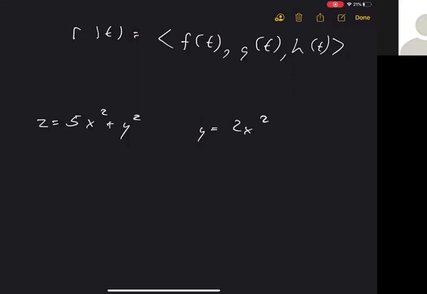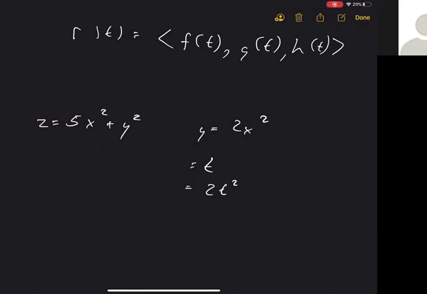So let's say x equals t. Why did I pick x? Because if x equals t, I plug t into there, and then y is just going to be equal to whatever this right side is. So y is going to be equal to 2t squared. Pretty simple, that was pretty easy to find, right?